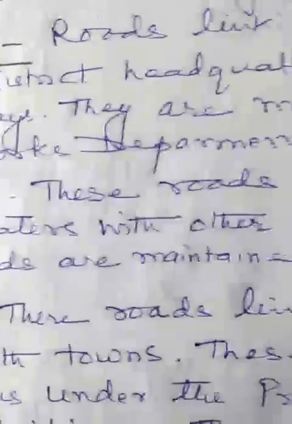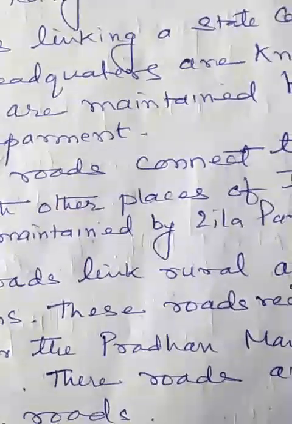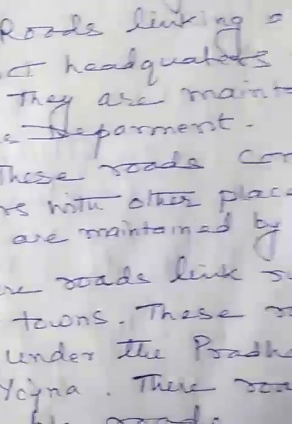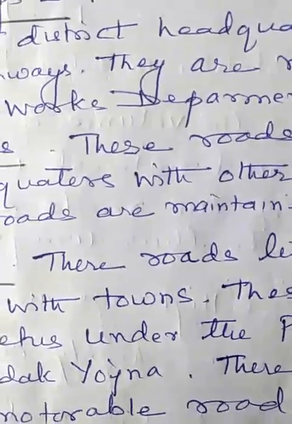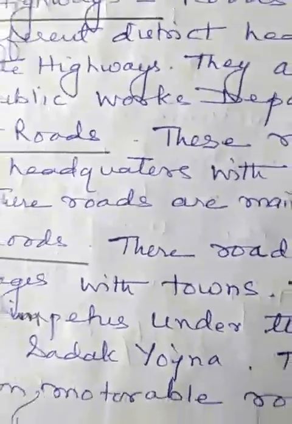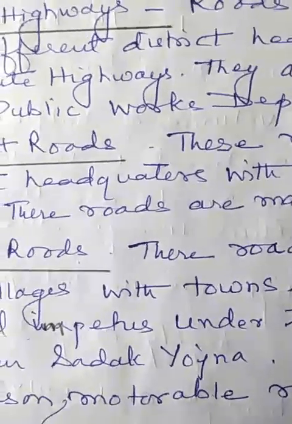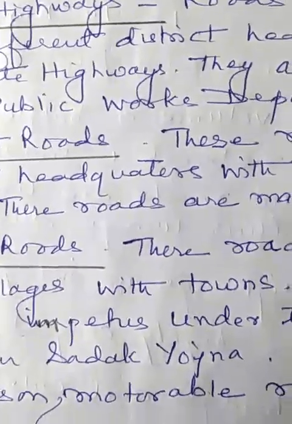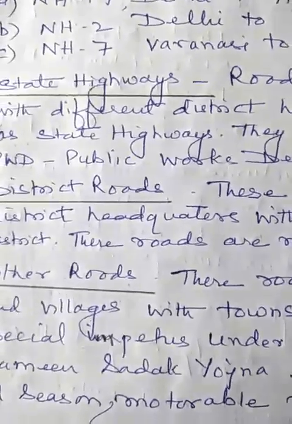Other roads link the rural areas and villages with the towns. These roads received special impetus under the Pradhan Mantri Gramin Sadak Yojana. This was the dream project of our ex-Prime Minister Shri Atal Bihari Vajpayee ji to link all the 5,50,000 villages of our country to the nearest city or towns, so that the rural goods will be available in the urban areas at cheaper rates.